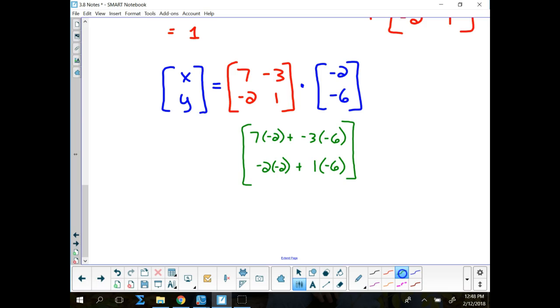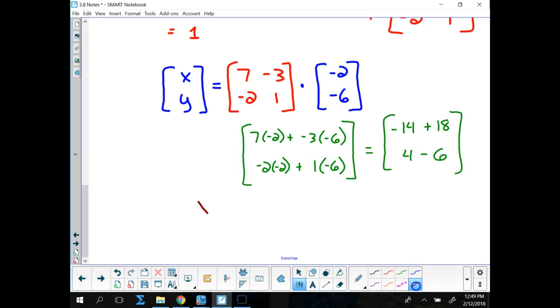Seven times negative 2 is negative 14. Negative 3 times negative 6, 18. Negative 2 times negative 2, 4. 1 times negative 6, negative 6.